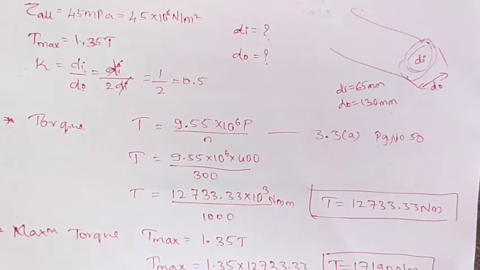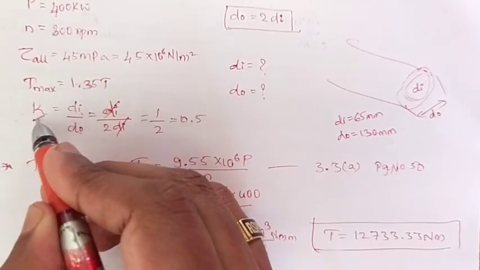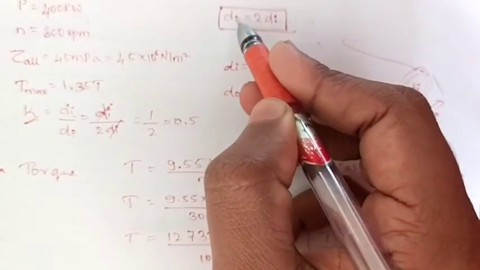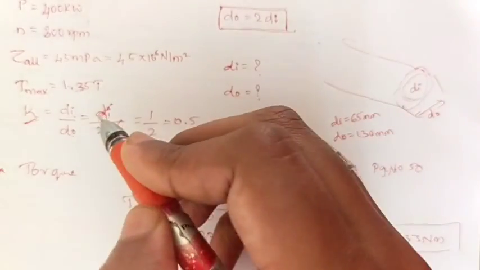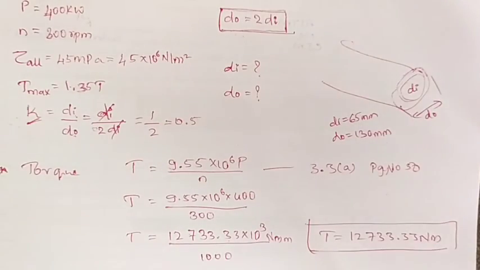Okay, the only different thing is K is not given directly. Instead of giving K, he has given this equation. Using this equation, you should find K. Using that K, you should substitute in the whole equation and find the value of inside diameter and outside diameter.